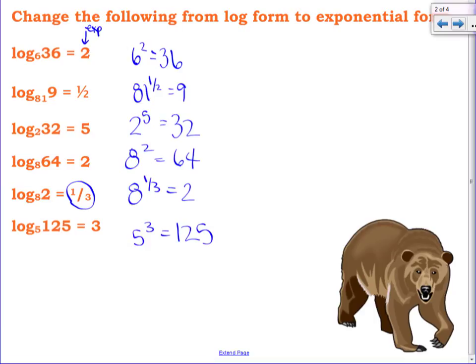Questions? Okay, now we're going to actually solve some problems doing this, but the homework is going to start out with you just switching back and forth.